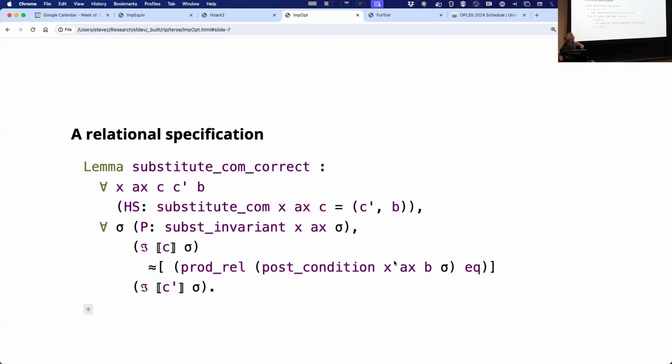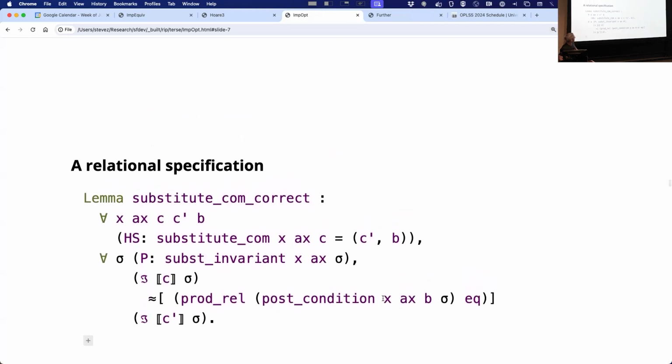But the final thing we can get out of this is that if we take some command C and substitute x for ax in it, and we get some substituted command C prime and a Boolean flag that tells us whether this was good or bad, then we can prove that if we start in a state where the substitution invariant holds, C is related to C prime under the postcondition, which is this complicated spec that says the values didn't change.